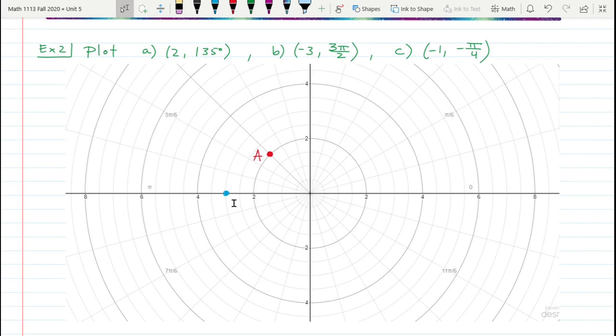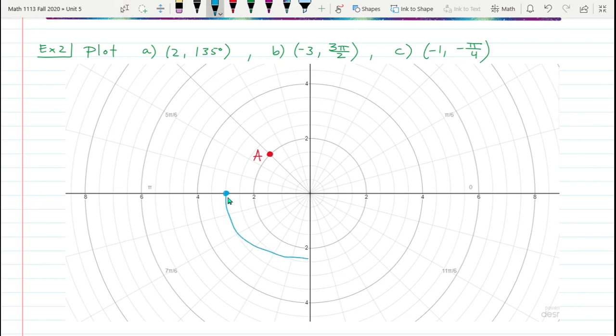So 3 pi over 2 is equivalent to 3/4 of a rotation. In the standard position, 3 pi over 2 is down here, but since we're starting from this point, we go here.